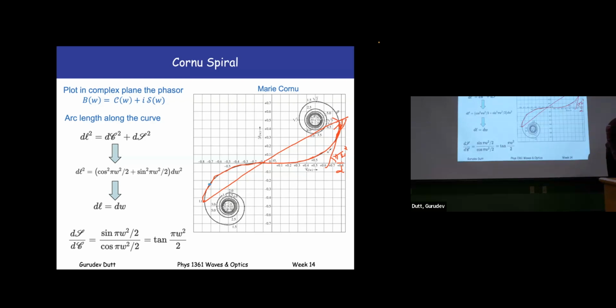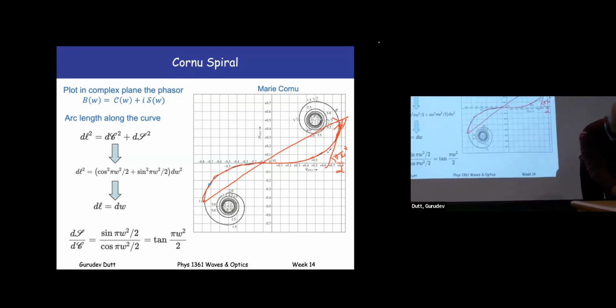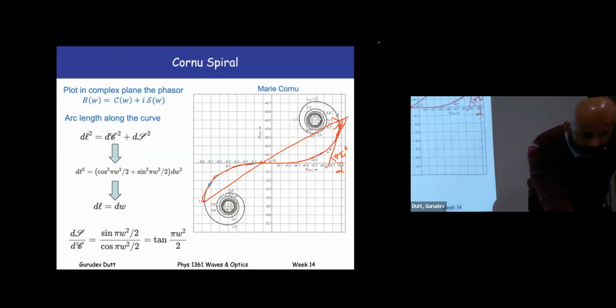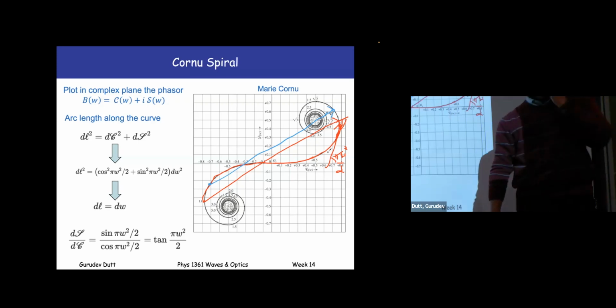And up here, I'll be going to the point 1.2. So this was 1.0, this was 1.1, and this is 1.2 over here. And now I'll draw the phasor from this point to here, right? Because all that changed is the endpoints of the integration.